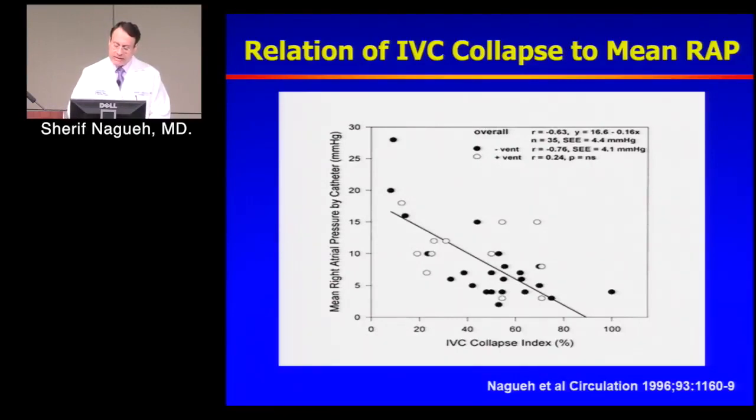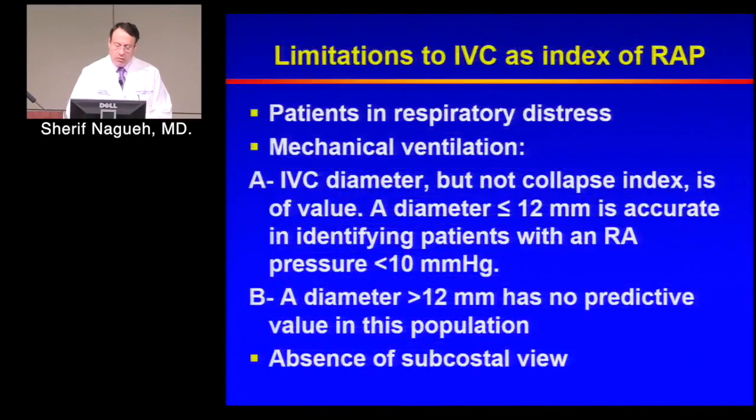So a dilated and/or a normal size IVC that does not collapse is not necessarily equal to elevated RAP in this population. These are the limitations: patients who cannot cooperate with you, or you don't have a subcostal view. We talked already about the collapse in patients who are on mechanical ventilation, where if you see a diameter of 12 millimeters or less, you're good with an RAP less than 10.